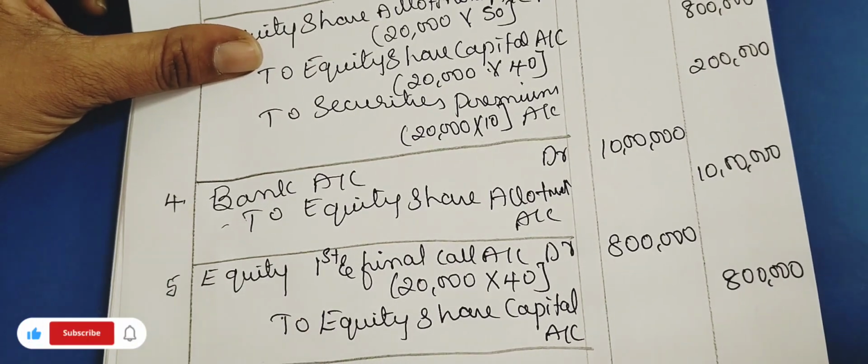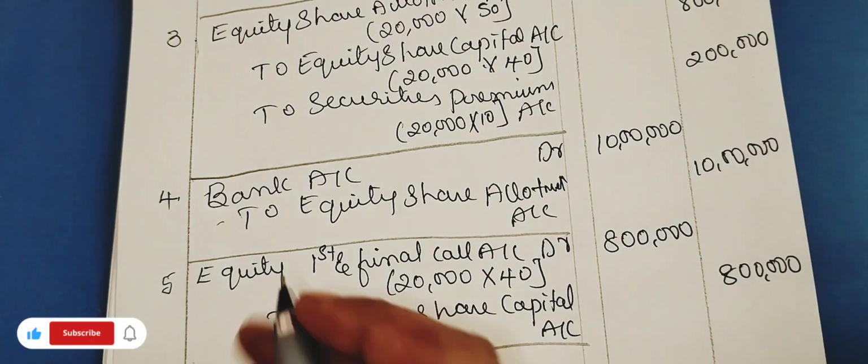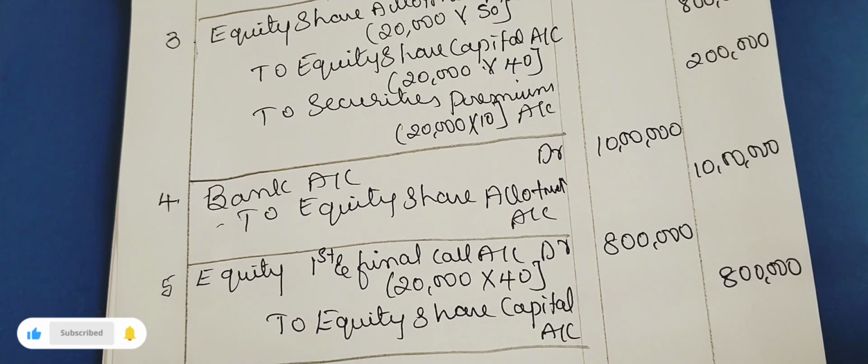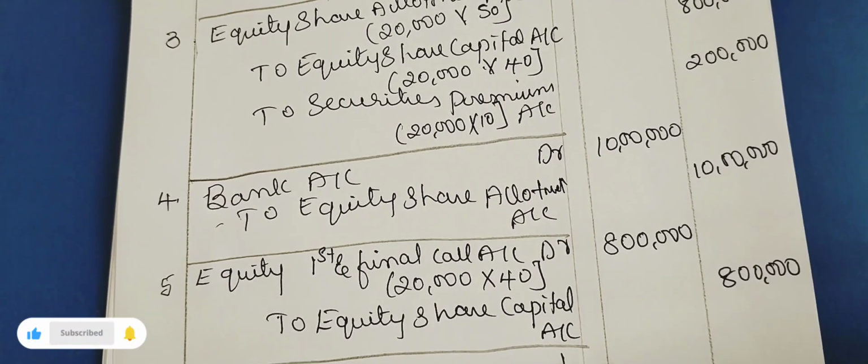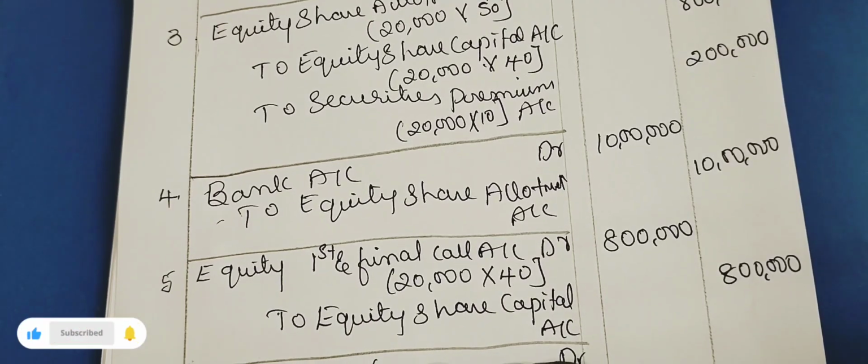For the receipt entry, we have a due. What is the due? It is 600. Bank account debtor. Out of 20,000, 600 shares we have not received.